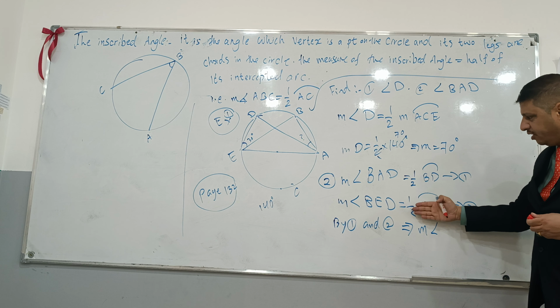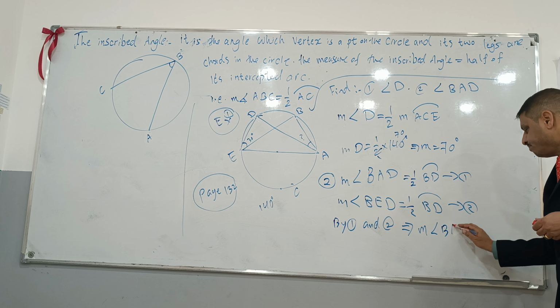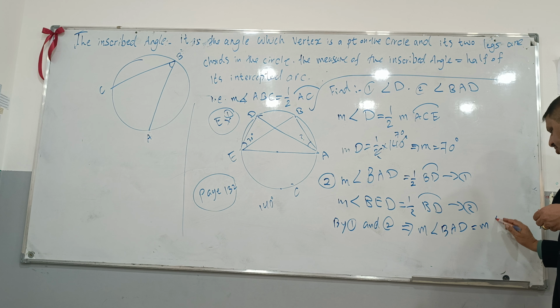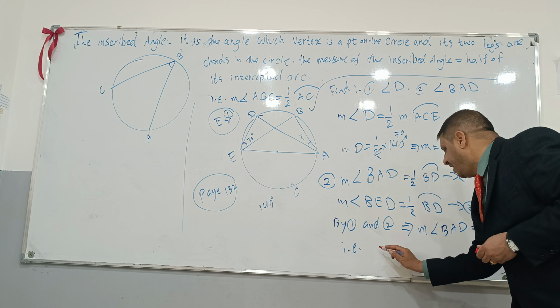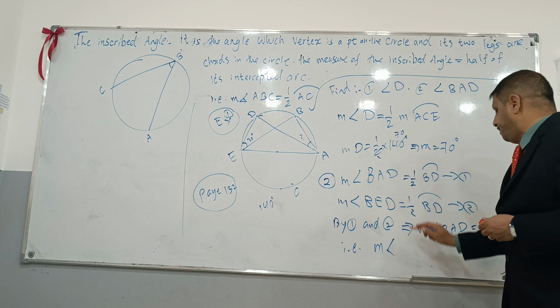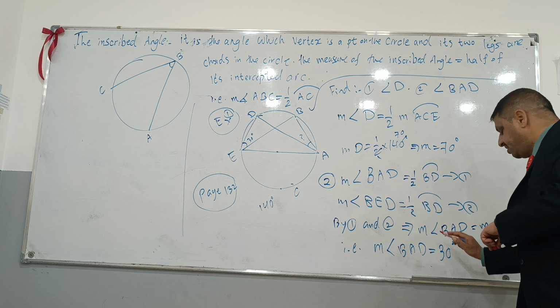This equals this. I mean, BAD equals the measure of the angle BED, which equals 30 degrees. I concluded that the measure of the angle BAD equals 30 degrees.